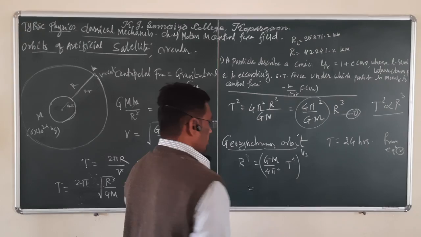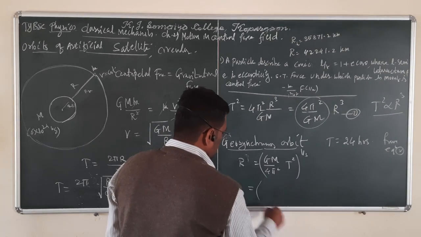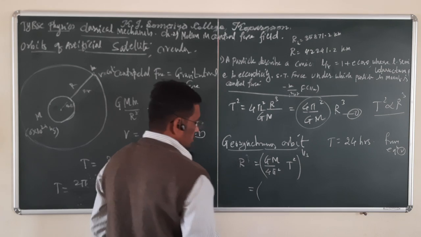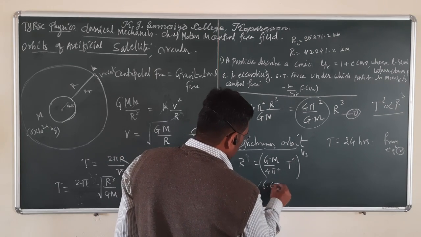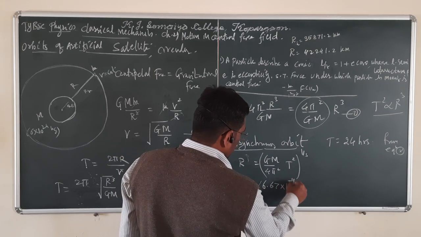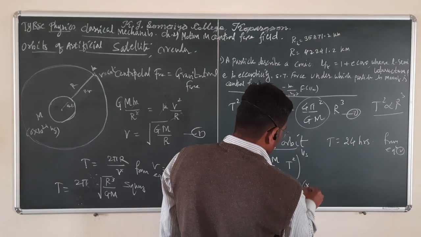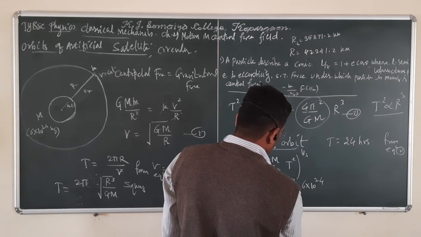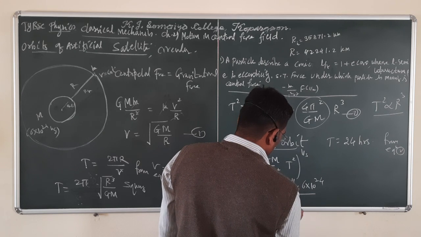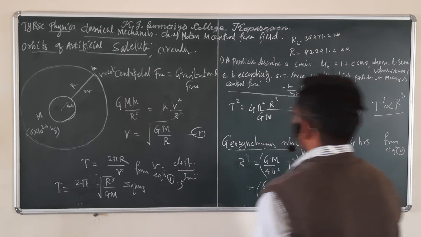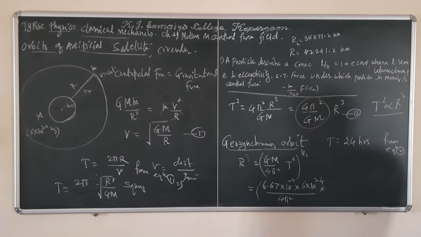Using MKS values, we know that the universal gravitational constant has the value 6.67 into 10 raised to minus 11. Mass of Earth is 6 into 10 raised to 24 kg, divided by 4 pi square into T. As I told you, capital T is 24 hours for that geosynchronous orbit.